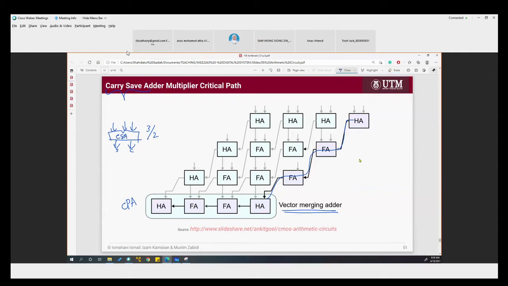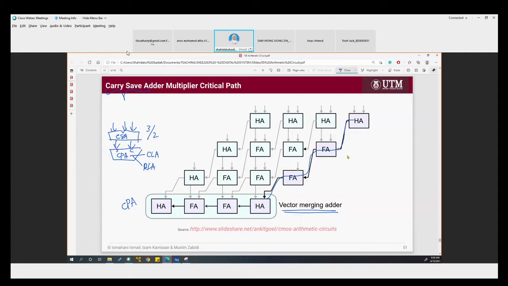Then we have to add the sum and the carry using the carry propagation adder. Remember, the carry propagation adder could be the carry lookahead adder or ripple carry adder. In this case, they're using the ripple carry adder.